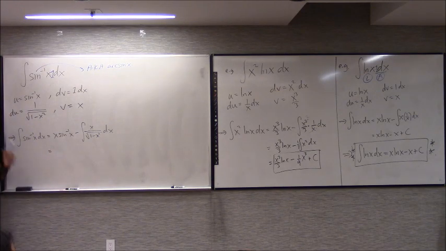How do we continue? How do we do that one? We'll bring it out. Just use quotient rule. What do you mean, quotient? Oh, this is integration.